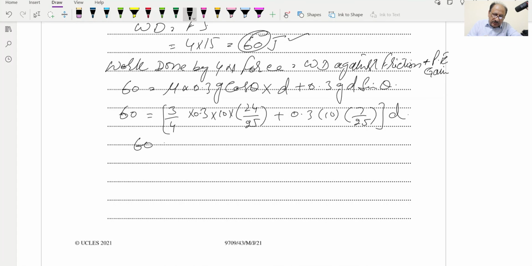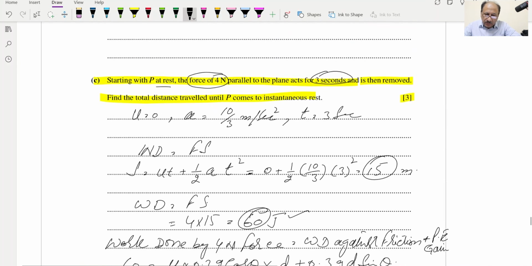So 60 is equal to 3d, so d will be equal to 60 over 3, which is equal to 20, and d is 20 meters. This will be the distance which we needed to find.